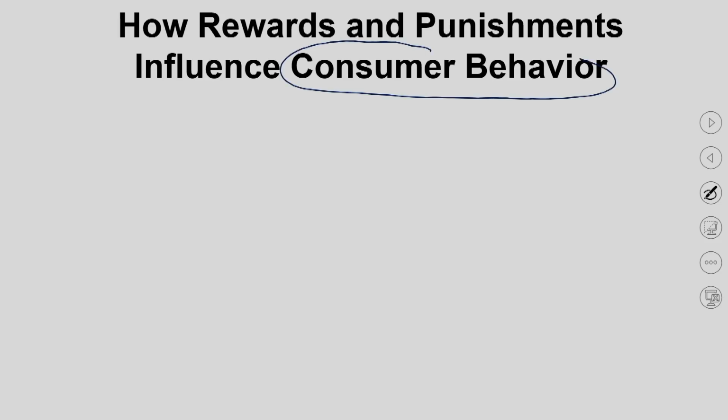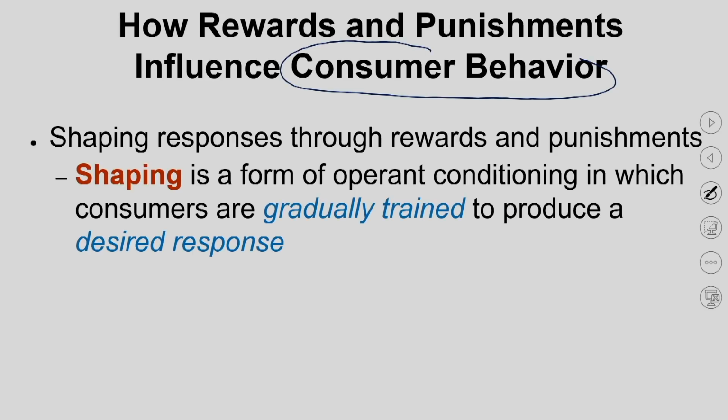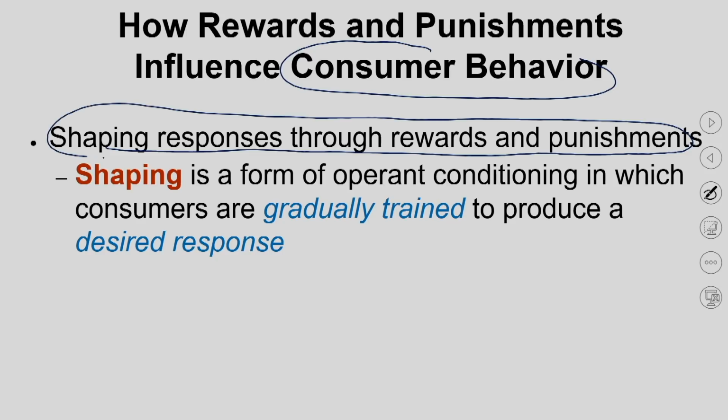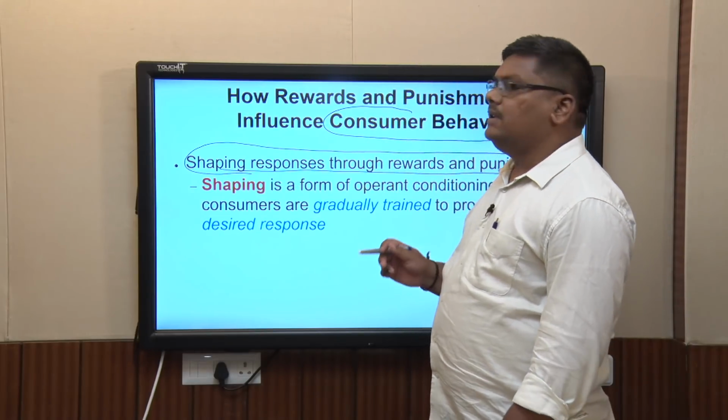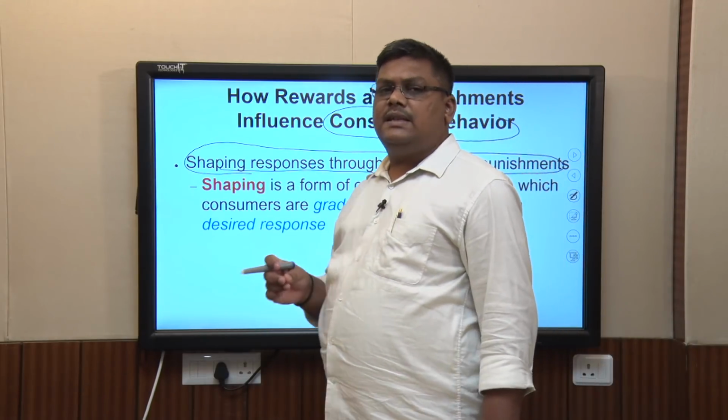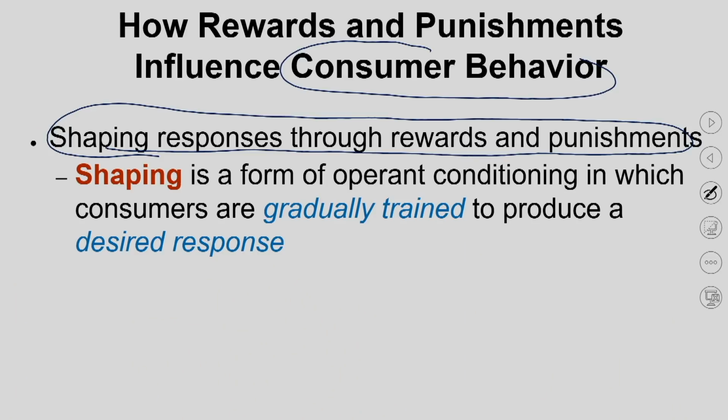Now, how do rewards and punishments influence consumer behavior? One is shaping responses through rewards and punishments. This is not only in terms of schedules of reinforcement, it is also in terms of shaping.